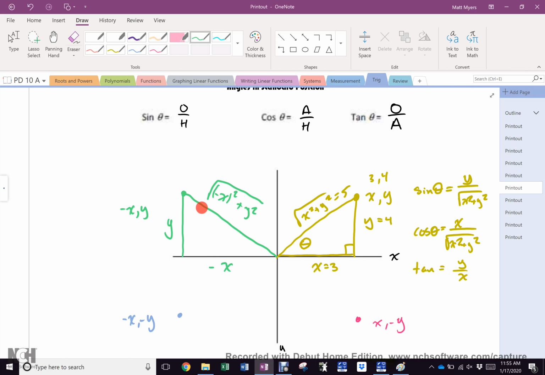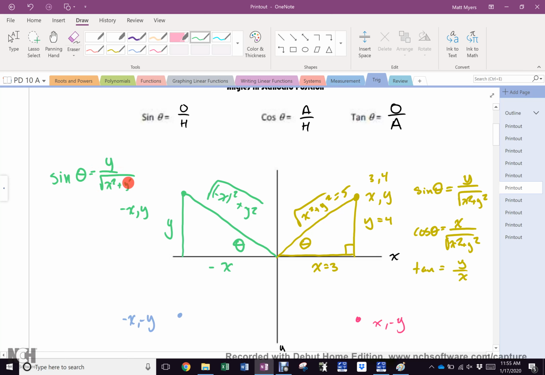Everybody cool? So now over here, you're smart young people, what is the sine of green theta? Would it be y over root negative x squared plus y squared? Right, but negative x squared is what? Just x squared.